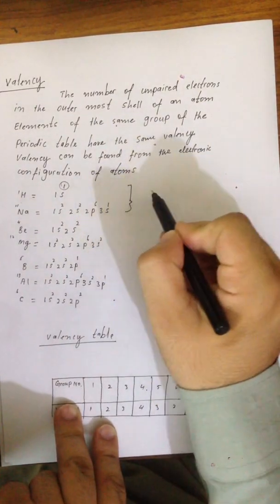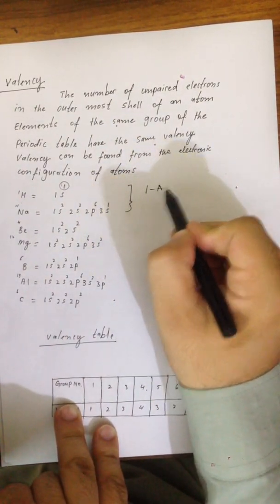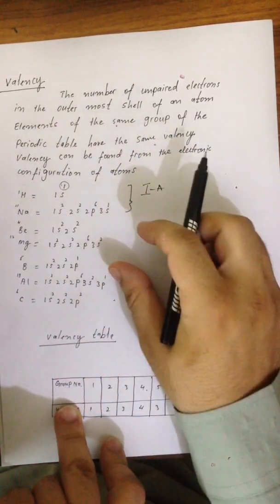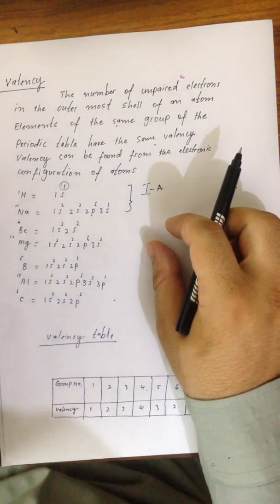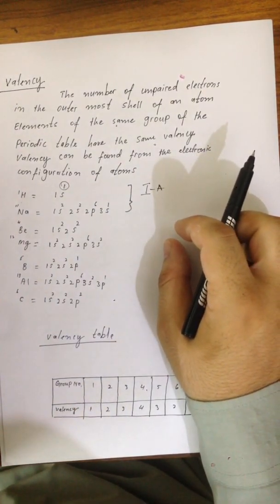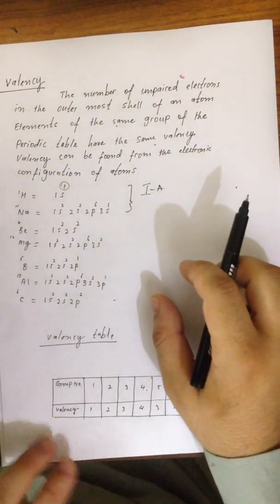This is the first A group of the periodic table. The group number represents the number of unpaired electrons in any atom.